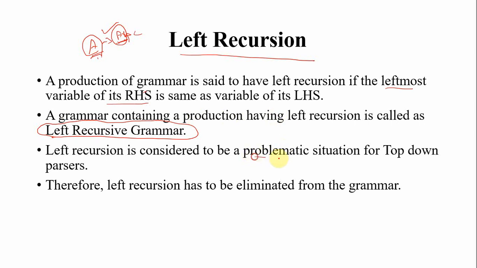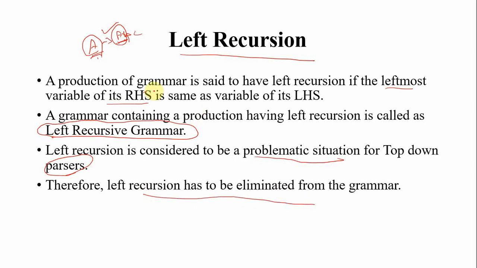It is considered problematic for top down parsing, because we do not know what is going to happen. Are we going to go for the recursive substitution, or is it going to be something else? You will be exploring this when you study the parsing phase of the different parsers of compiler design. So we need to eliminate the left recursion from the grammar.